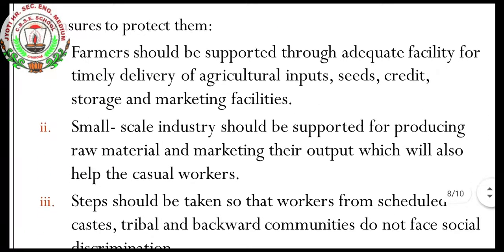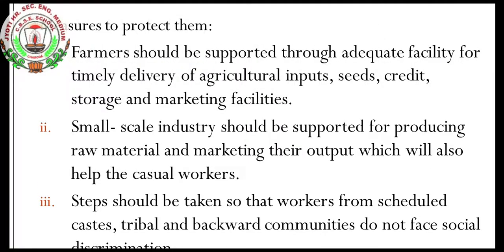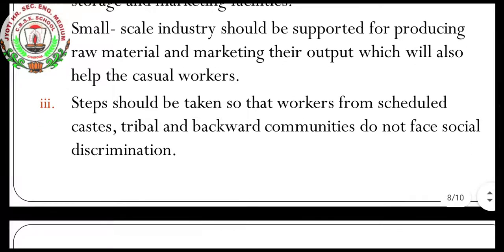Farmers should be supported through adequate facilities for timely delivery of agriculture inputs, seeds, credit, storage and marketing facilities. Second, small scale industries should be supported for producing raw materials and marketing their output, which will also help the casual worker.